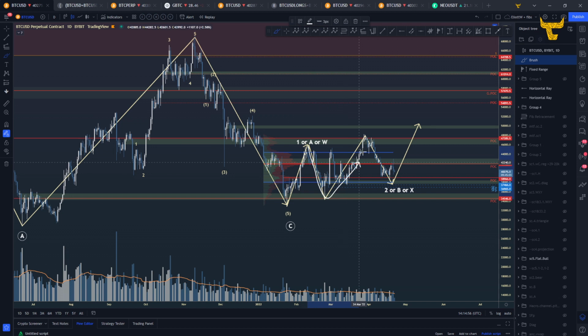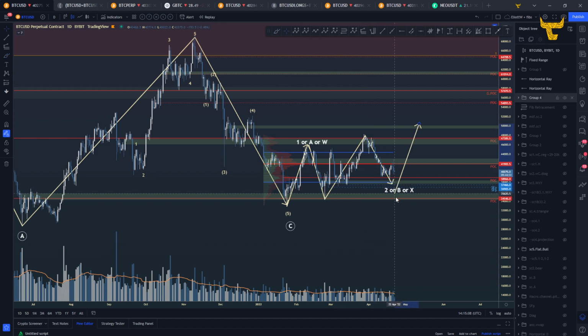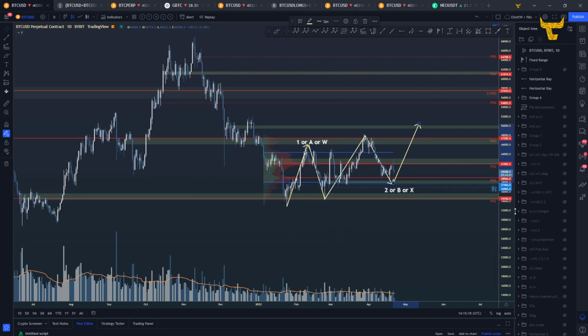As a flat here where it is, I would not expect this low to be taken, but it's possible as an expanded flat. It's just not the place where you would expect an expanded flat for a bullish move. So that would be for the 1-2.